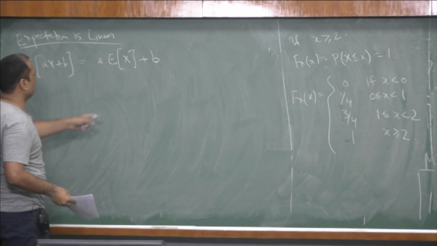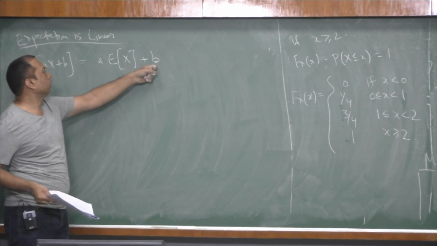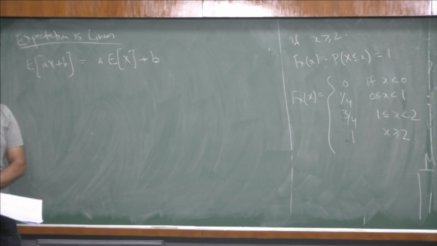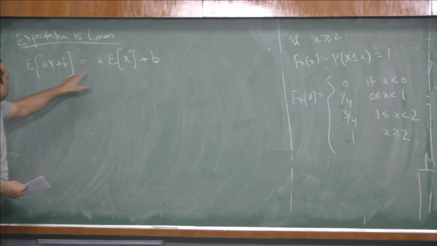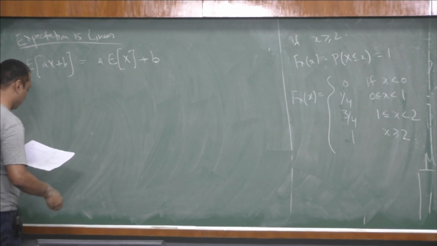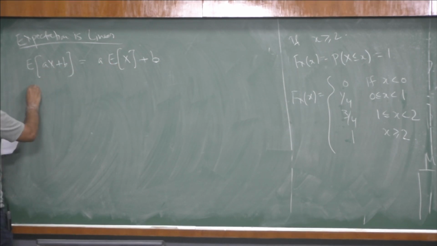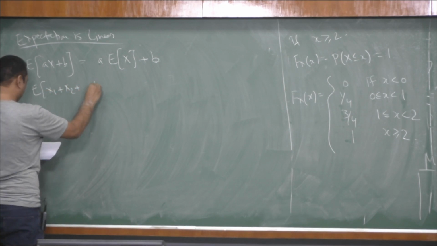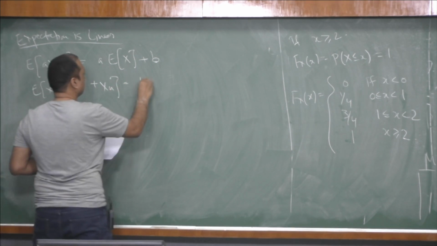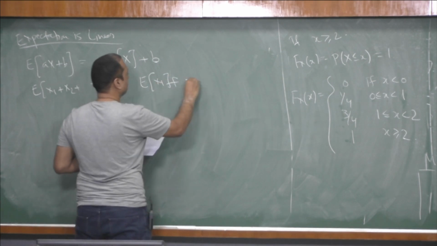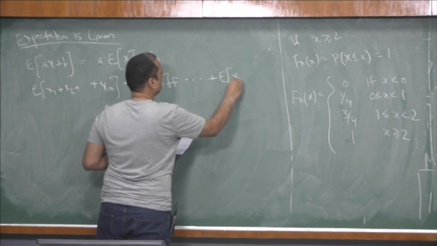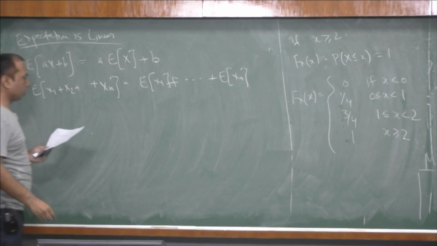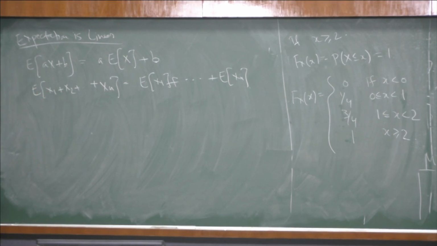There is no sense in taking expectation of a constant, because that's deterministic. This is linearity because a comes out, and sums also split: E[X1 + X2 + ... + Xn] is the sum of E[X1] and so on. These are the two things we remember for linearity of expectation.